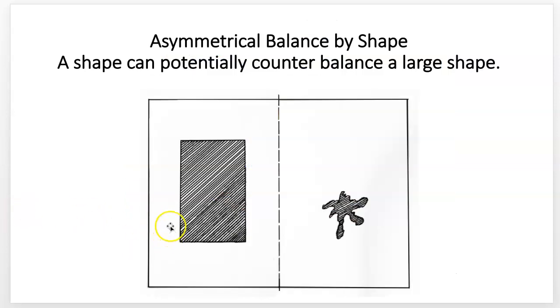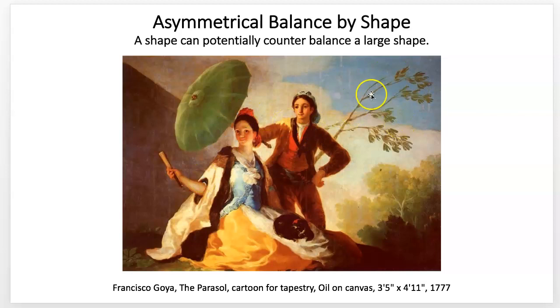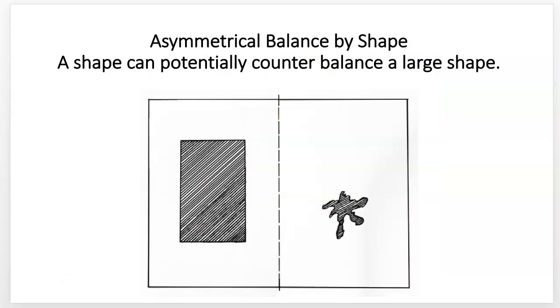You could do it by shape as well, because a larger shape could be balanced by a smaller, more irregular shape. And this is an example of that right here. Francisco Goya, The Parasol. So you can see that we're doing this through irregular shapes and basic, more regular shapes.